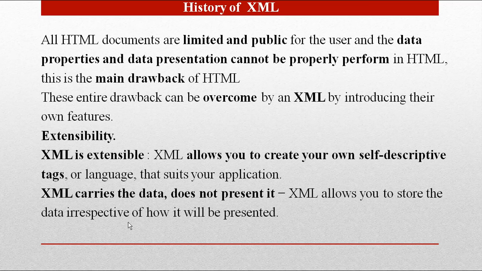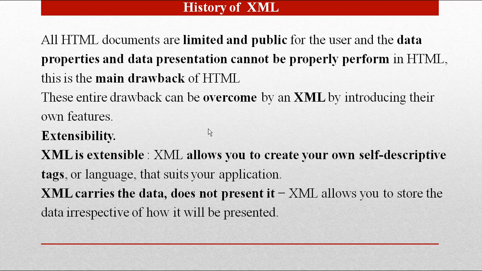by introducing its own features. So extensibility is the main feature of XML. What do you mean by extensible? Extensible means XML allows you to create your own self-descriptive tags.